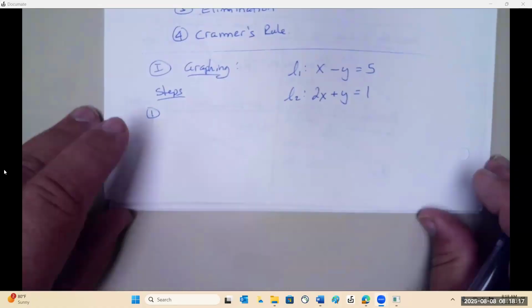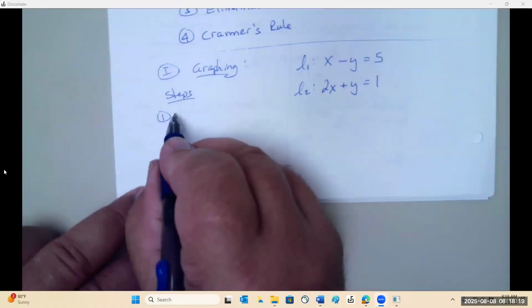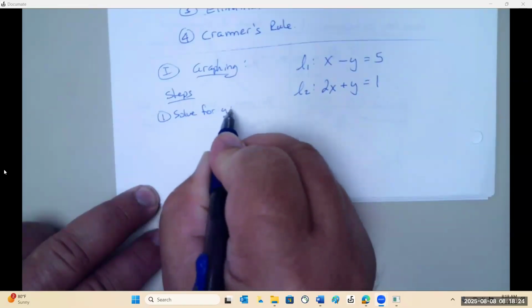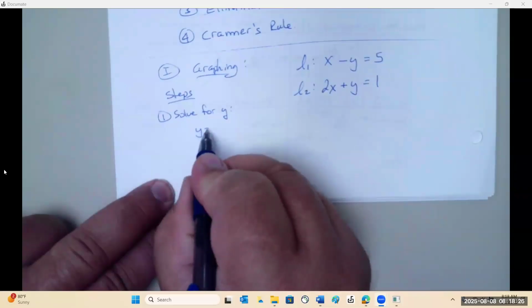This is from chapter 1. Get y alone. Solve for y. Put it in this form.